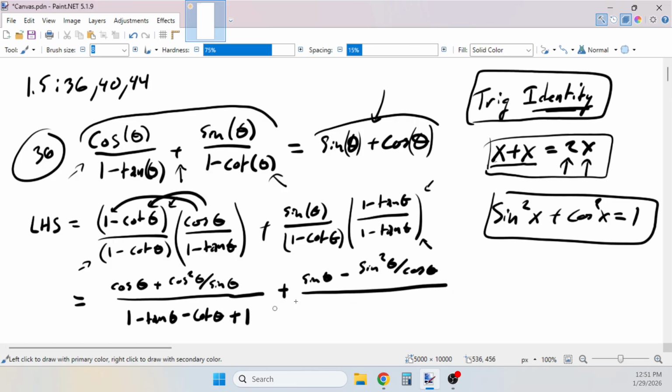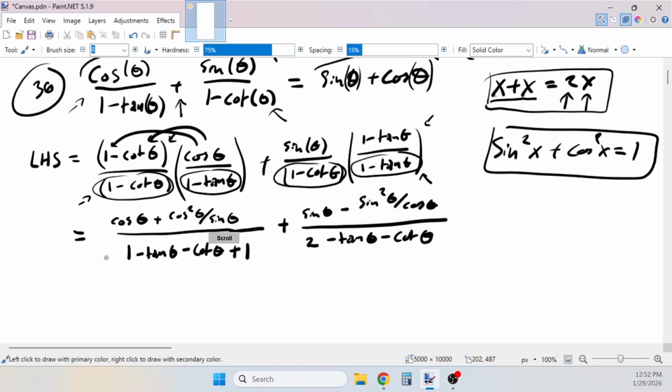I'm going to do a little bit of simplifying, adding the 1 to the 1. What I mean by getting the same thing is that I have 1 minus tangent theta here and here, and I have 1 minus cotangent theta here and here. The point of the multiplications was to get a common denominator, so I have the same denominator and can combine my fractions.